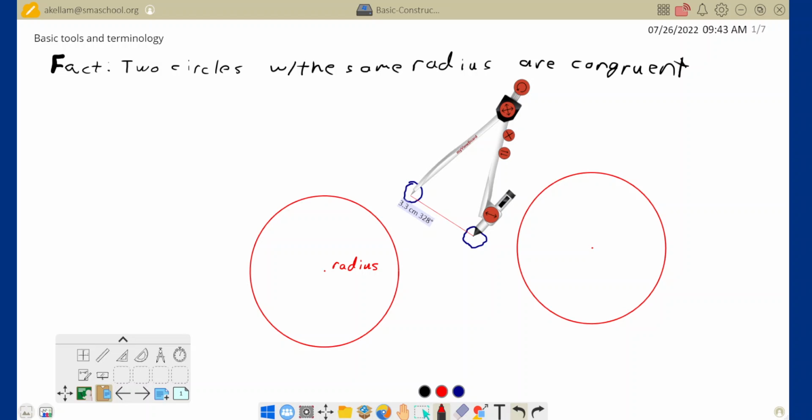So the term set the radius means that we are going to get the compass to be a specific width. Get the center and the tip to be a specific width.